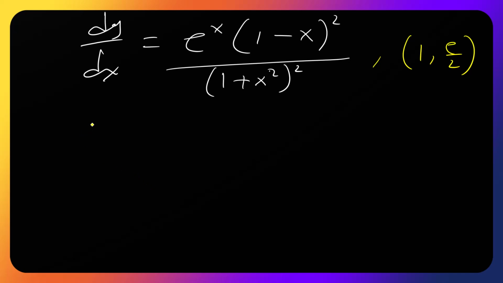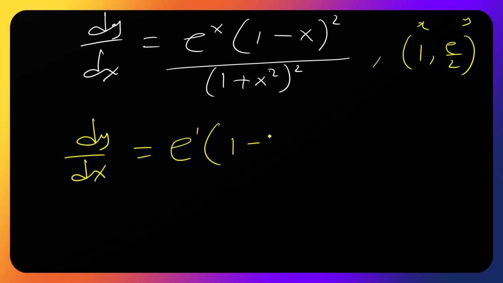From here my gradient will be, we have only x, so that will be e to the power 1, times 1 minus 1 all squared, over 1 plus 1 squared all squared.